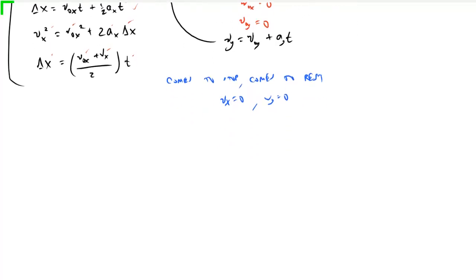If we're looking for the maximum height of something, let's say we have an object that is thrown upwards, like some sort of ball, and it reaches a maximum height and comes back down. What we define to be the maximum height is where it momentarily stops.